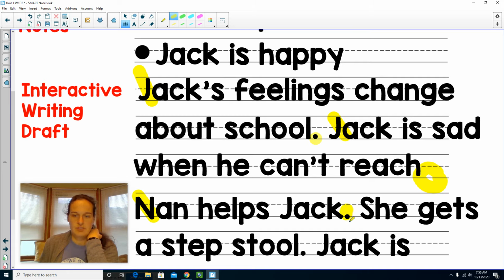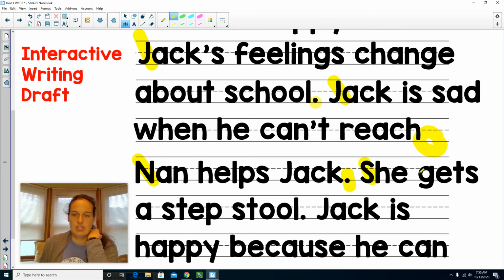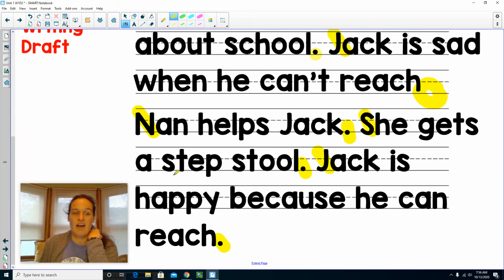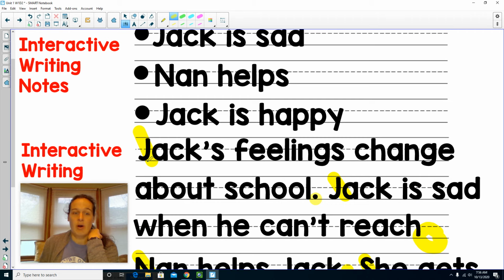Nan helps Jack. She gets a step stool. Jack is happy because he can reach. So now we marked all of our capital letters and our periods, and we see that I did miss one. So I'm going to go back and add that in.